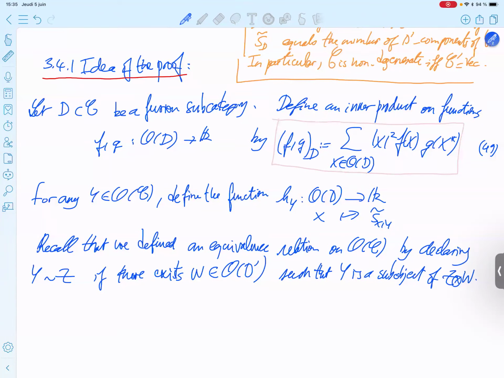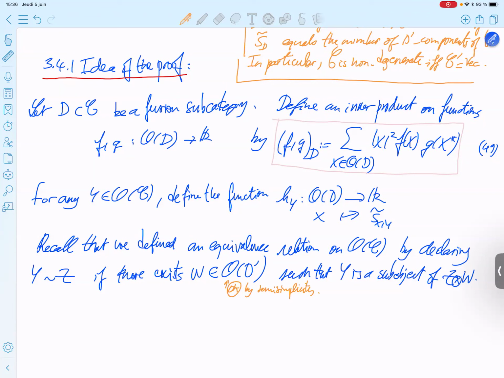Yeah, so here, just a little comment. In the previous section, when we first introduced this equivalence relation, we defined W in D in the centralizer of D, not necessarily simple, but you can restrict to simple because the category is semi-simple.